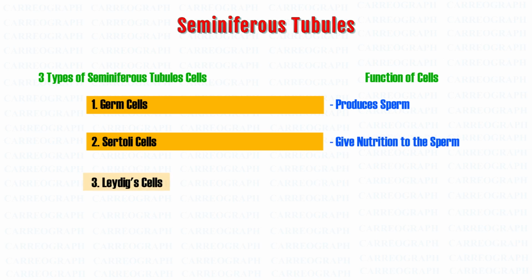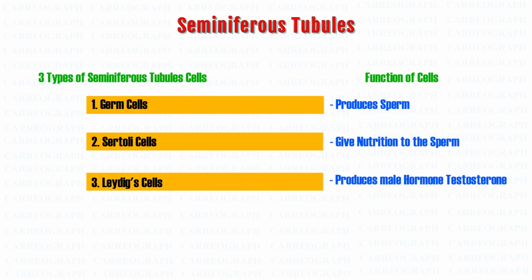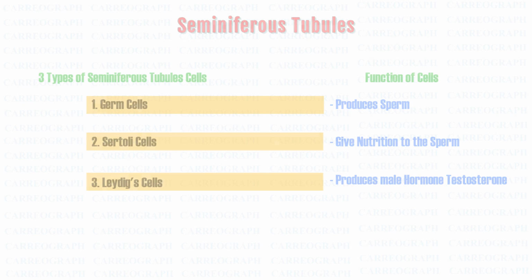And interstitial cells of Leydig produce the male hormone testosterone. So, the most important organ of the male reproductive system is the testis, where spermatogenesis and formation of testosterone take place.